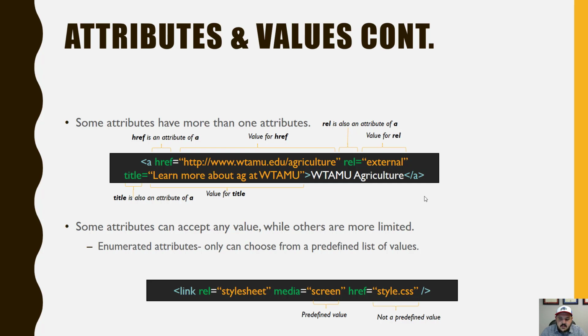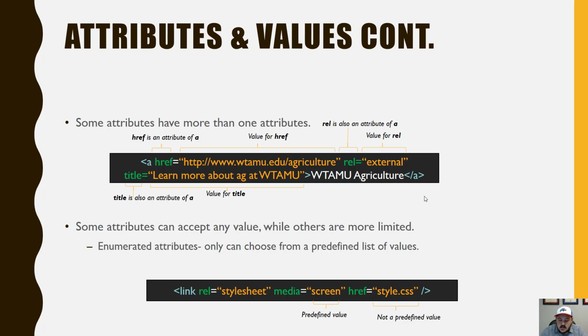In this example, we have a link. We have the anchor tag, the A, that is our element, or the opening part of the element. And then we have href, which is an attribute of A. Then we have our equal sign, and then in quotation marks, the value, which is the website that we want this link to go to.